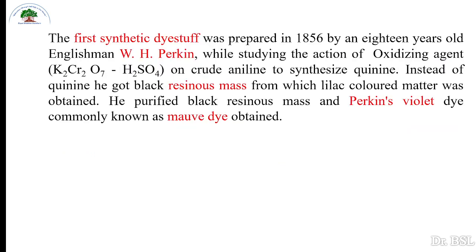The first synthetic dye stuff was prepared in 1856 by 18-year-old Englishman W.H. Perkin. While studying the action of oxidizing agent, that is K2Cr2O7 potassium dichromate with sulfuric acid H2SO4 on crude aniline to synthesize quinine.